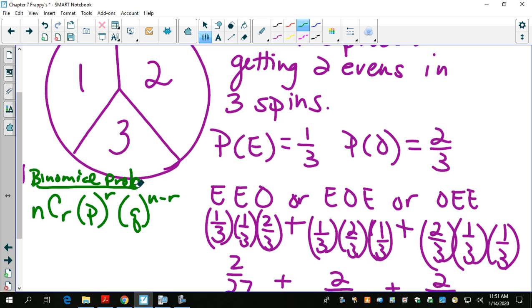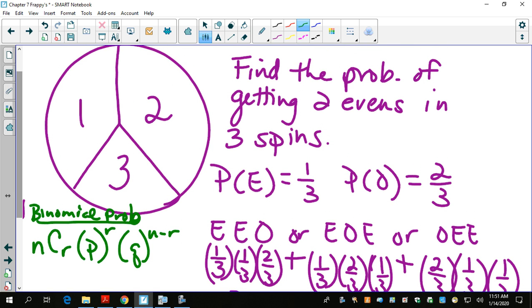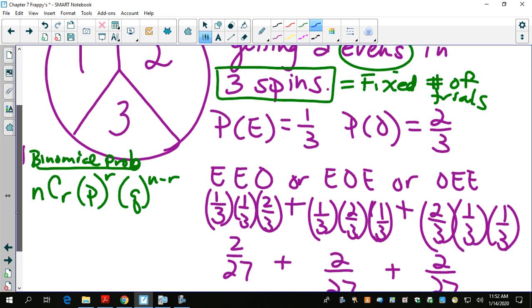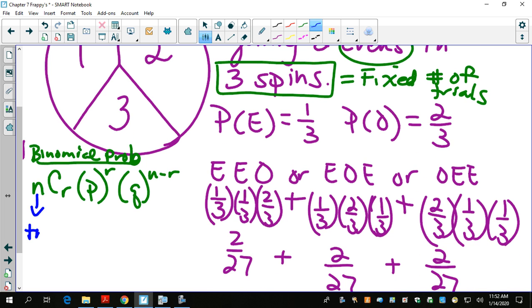Okay, so how do we know when to use the binomial probability? Well, it's always going to be a fixed number of trials. You see here there are 3 spins, which means a fixed number of trials. And what we have here is success. Success is actually getting an even. So n is always the trials. p is always the probability of success.